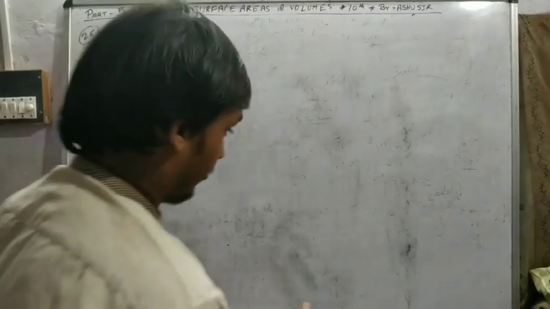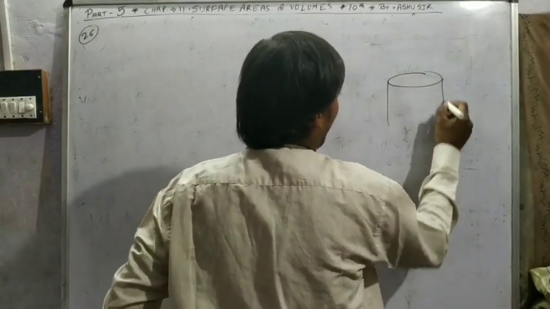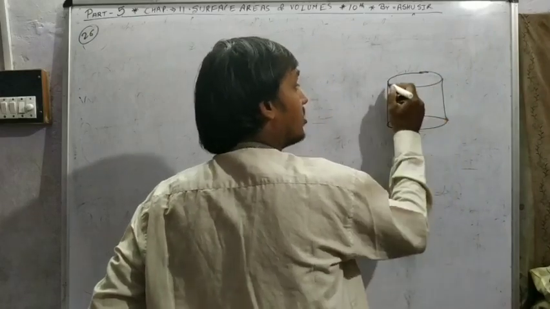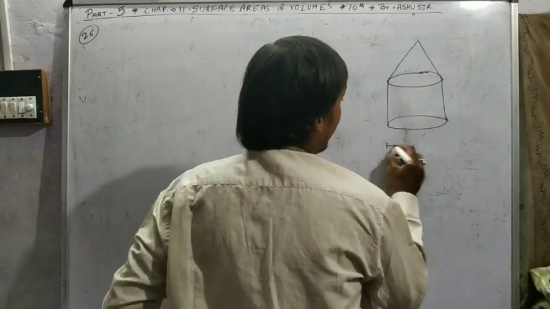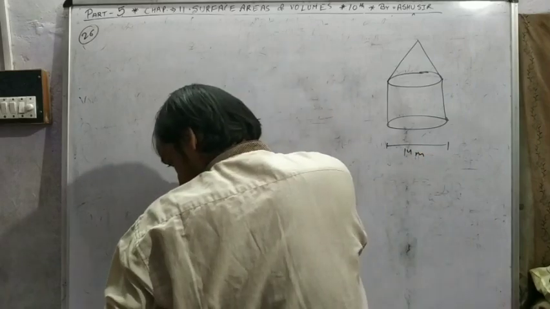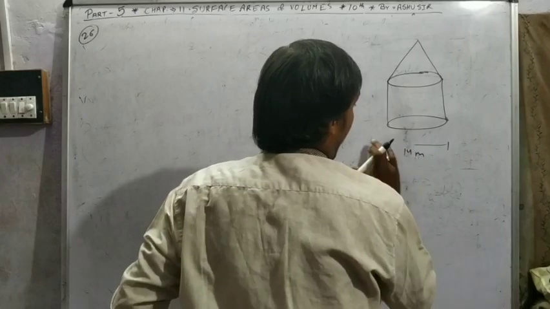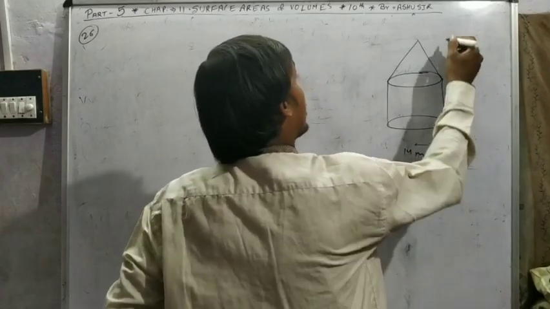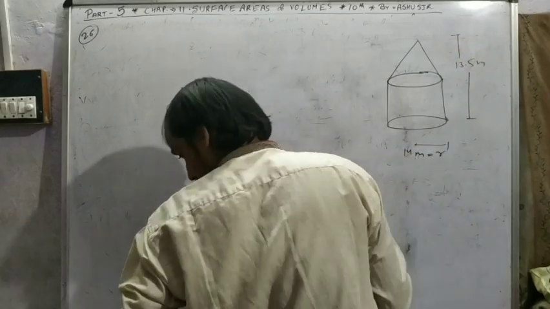Very good. The conical tent is on a cylindrical base. The base is cylindrical and the conical part is above it, with radius 14 meter. And the total height of the tent is 13.5 meter.